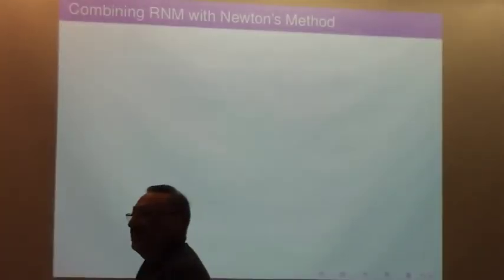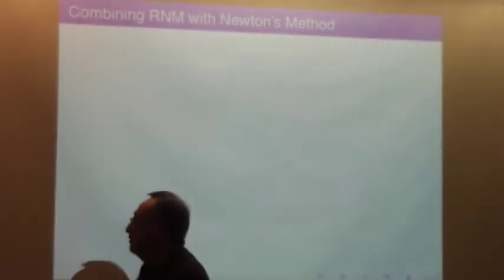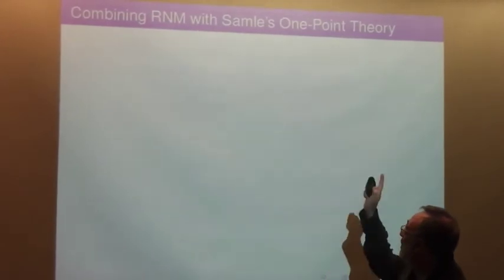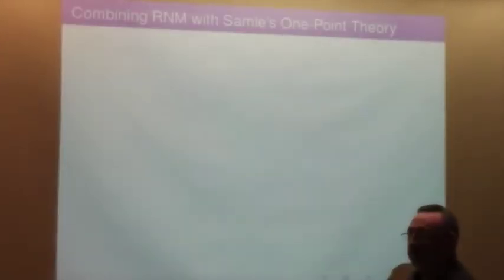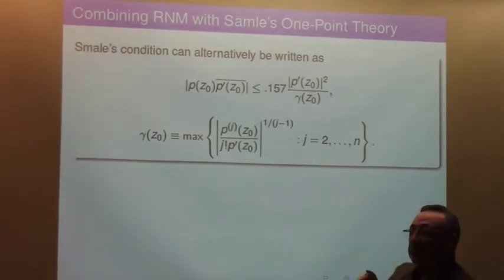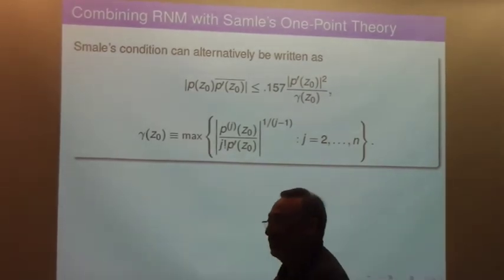Now, you might say, what if Newton's method does better than robust? At each point, take the robust Newton iterate and the Newton iterate, and choose the one that has a better modulus. That's one. Robust Newton method and Smale's gamma theorem. Here, Smale's condition gives you a quadratic rate of convergence.